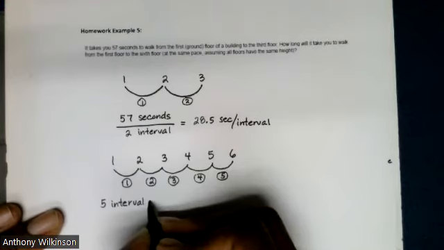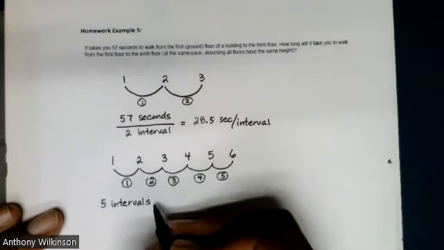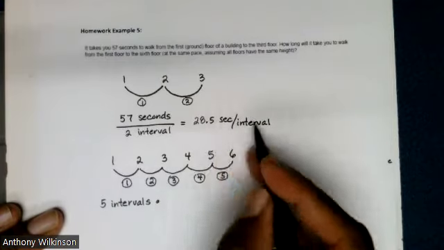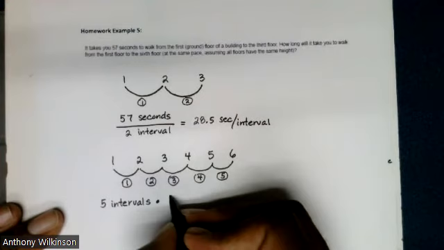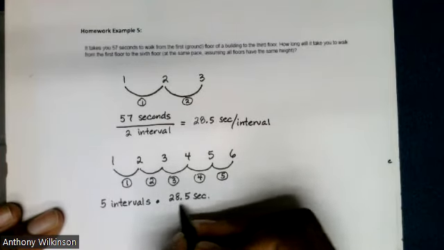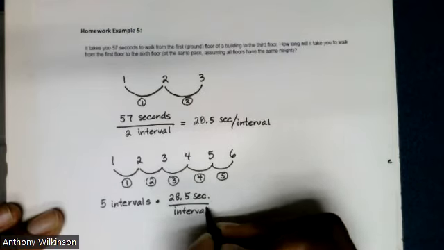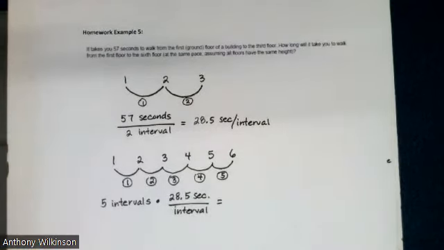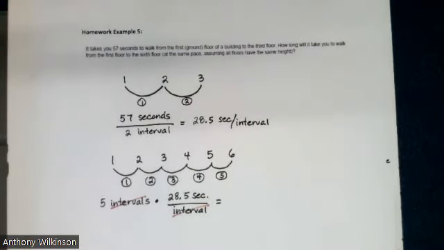And we want to know how much time it takes for us to get from the first to the sixth floor. Well, our rate was 28.5 seconds per interval. Let's multiply that. You're going to see the intervals divide out, so we're going to get an answer in seconds.